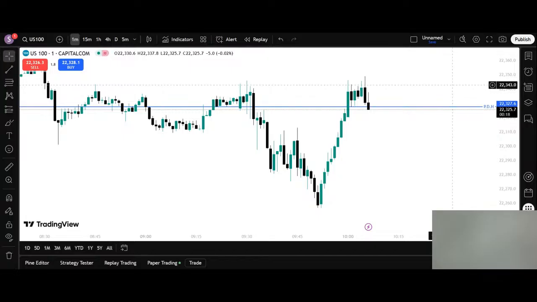It may not give us an entry, and that's also fine. Sometimes you're gonna end the day on a loss. But try to end the month on green. If your month ends green, even if it's $1, $2, that's good. That's a win.